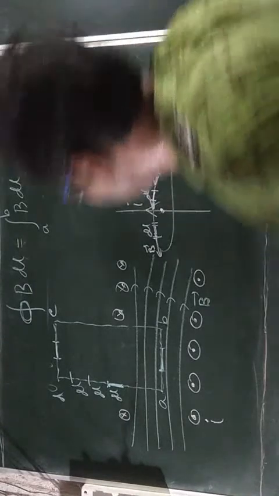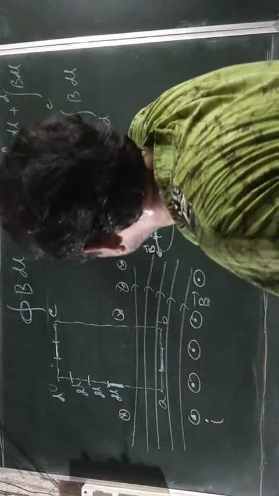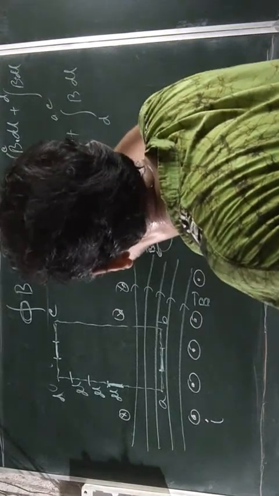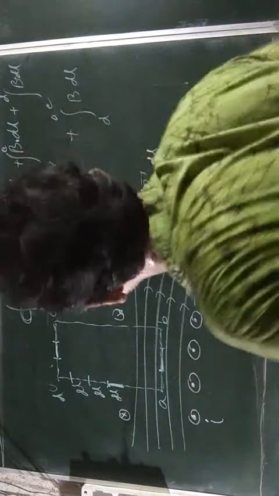Now we know that this is the dot product. That means its result is B dl cos theta.